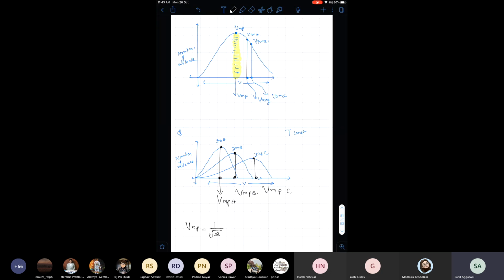Amod, velocity of C is greater than velocity of B is greater than velocity of A. You can see. तो mass होना चाहिए A greater than B greater than C.